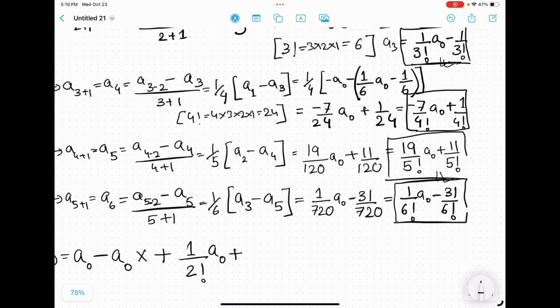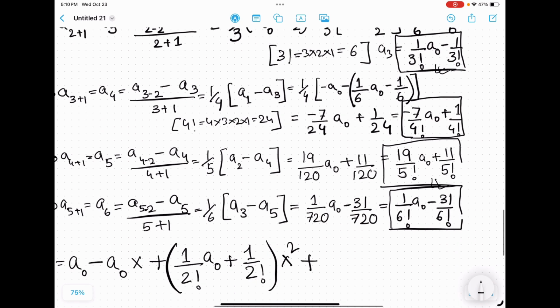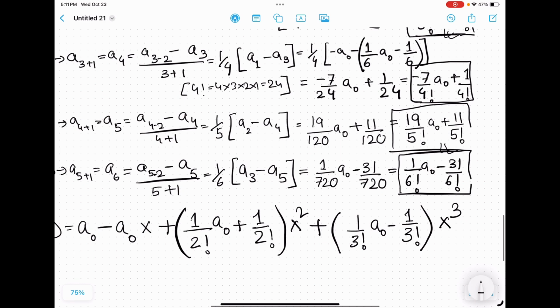And then I cannot forget my x squared. And then I have my a sub 3, which is 1 by 3 factorial a sub 0 minus 1 by 3 factorial. And then let's not forget my x to the power 3.